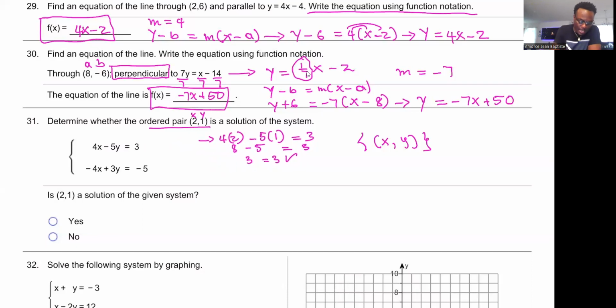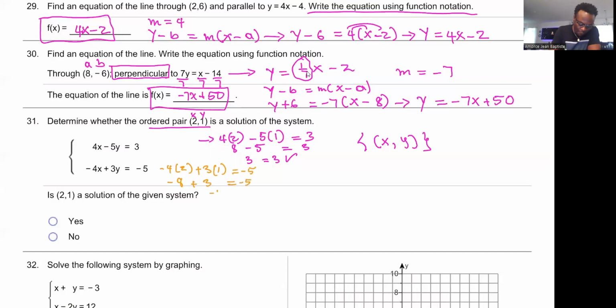Now let me check the second one. It's negative 4 times x, still 2, plus 3 times y, that is y is 1, is expected to be negative 5. Negative 8 plus 3 equals negative 5.